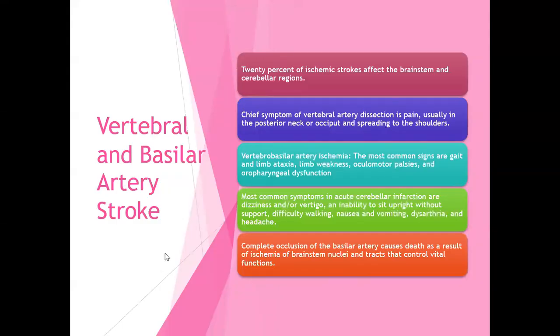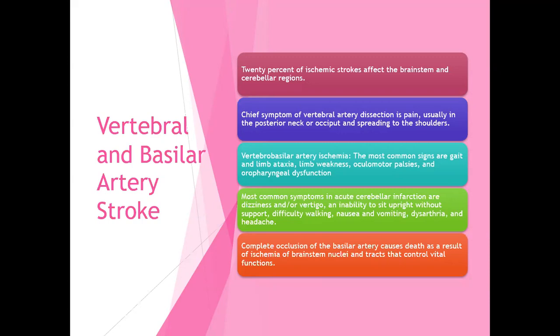So the vertebral and basilar arteries, if we go back to that chart, table 26.1, the vertebral artery supplies the spinal cord and medulla, and the anterior and posterior parts of the vertebral arteries supply the medulla and the cerebrum.